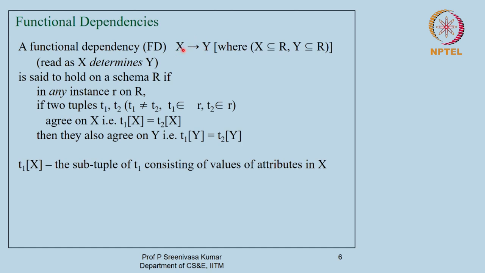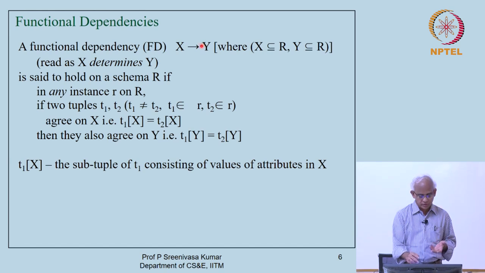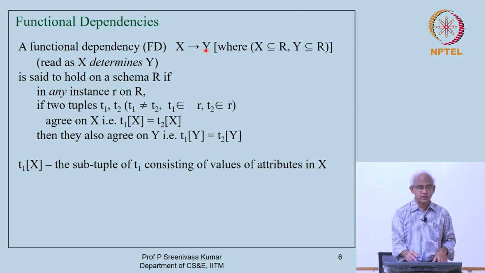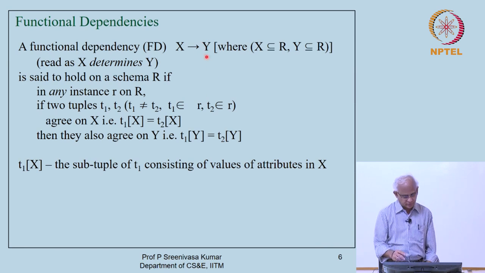Right. So, you all know what is a function. The value of x would uniquely determine the values of y. That is all we are saying, but we are saying it in an elaborate manner here: for any instance r of R, if two tuples agree on the attributes of x, then they will also agree on the attributes of y, which is a different way of saying that it's a function.